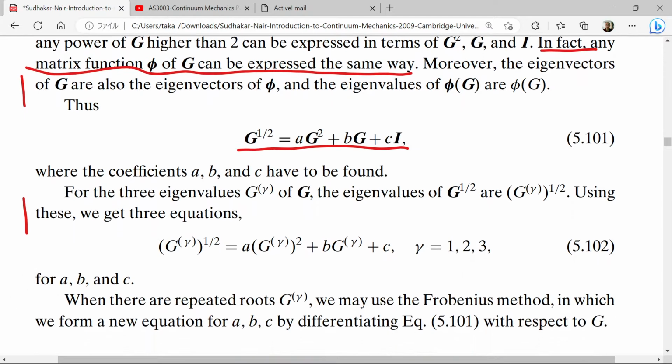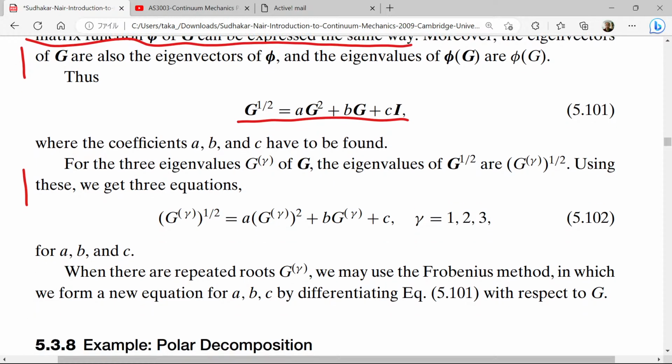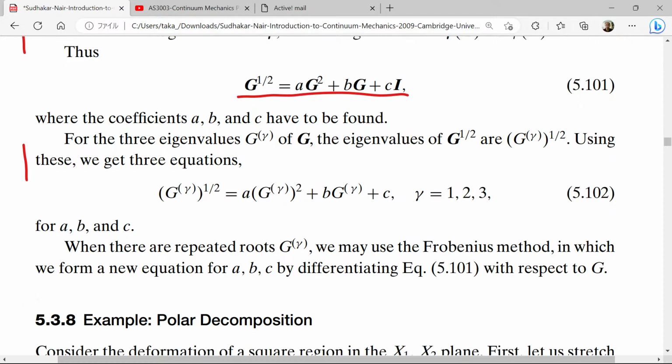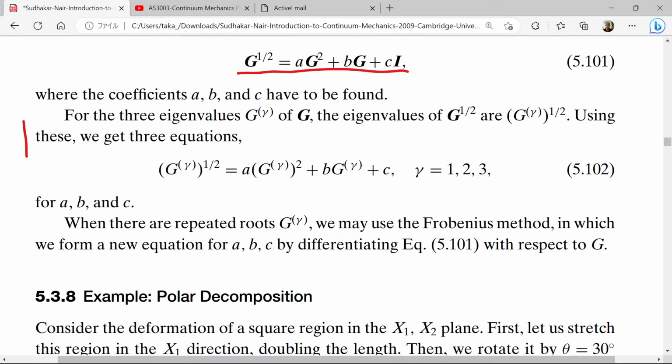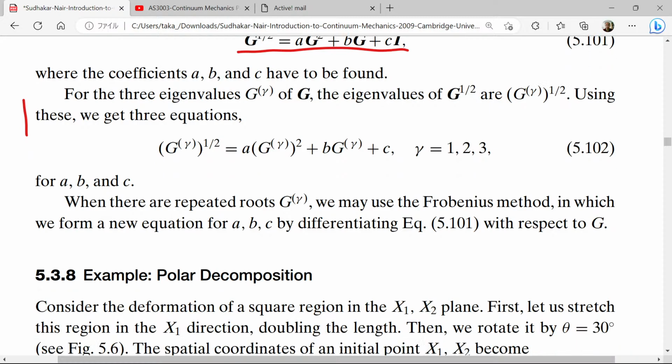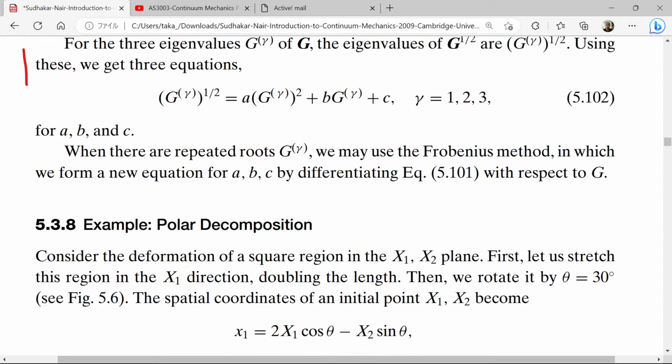For the three eigenvalues G gamma of G, the eigenvalues of G to the power 1/2 follow. Using these, we get three equations: G gamma to the power 1/2 equals A G gamma squared plus B G gamma plus C, where gamma is 1 to 3, for A, B, and C.